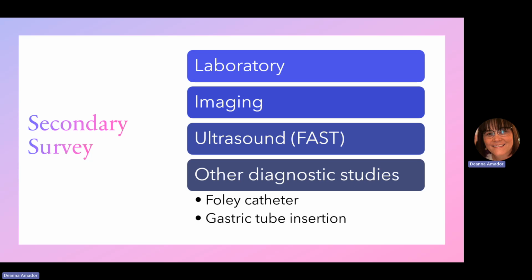Other things that they could do during the secondary survey would be things like placing a Foley catheter to watch our urinary output and renal function. They could insert a gastric tube to empty out the stomach and prevent aspiration. They could do that stuff during the secondary survey.